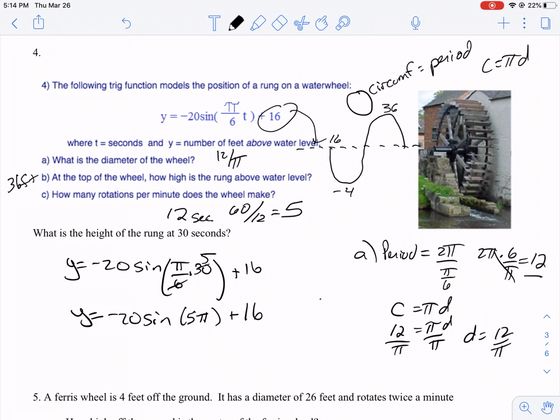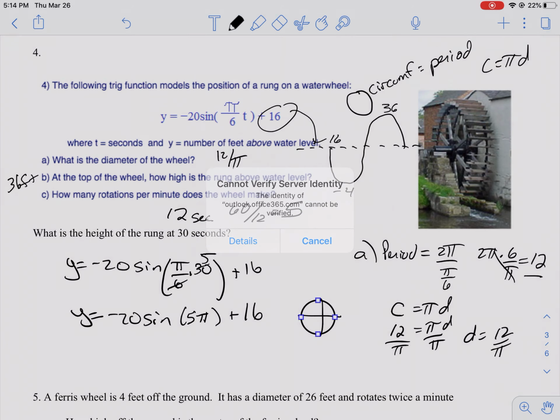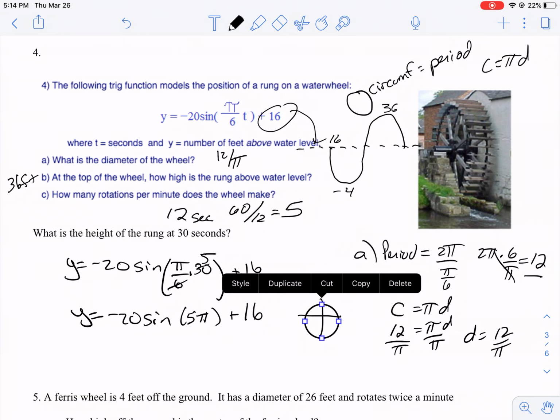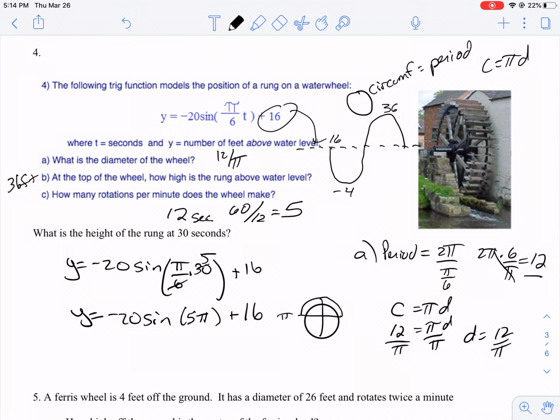Now, if you wanted to think about this in your head, come all the way around, that's 2 pi. Go all the way around, that's 4 pi. Go there's my circle. Go halfway around again, and there's another pi. So we're talking about the sine right here. Well, the sine right here is 0. So the answer should be 16 feet.